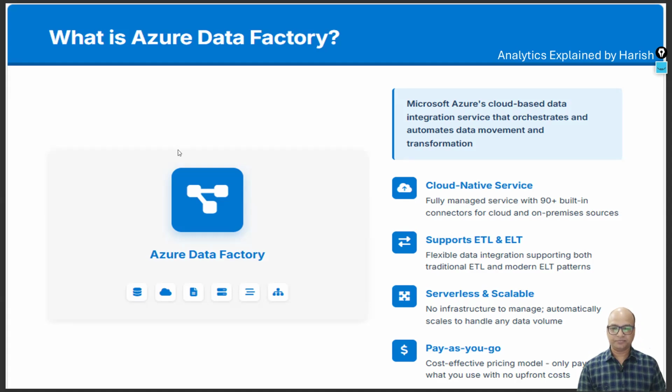Is it something only to orchestrate the movement of data, or can we also use this ADF to bring the data from source to our destination, and then do the transformation? Yes, we are doing the same thing. We are taking the data from the source and doing some small transformation, and then moving this data to the warehouse or inside a database.